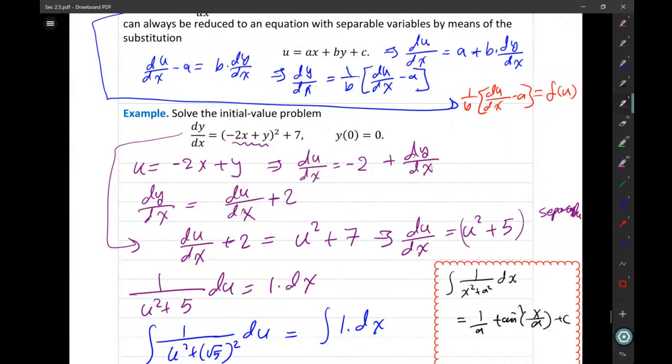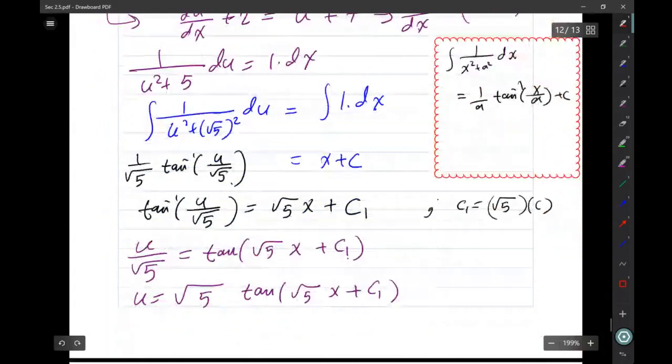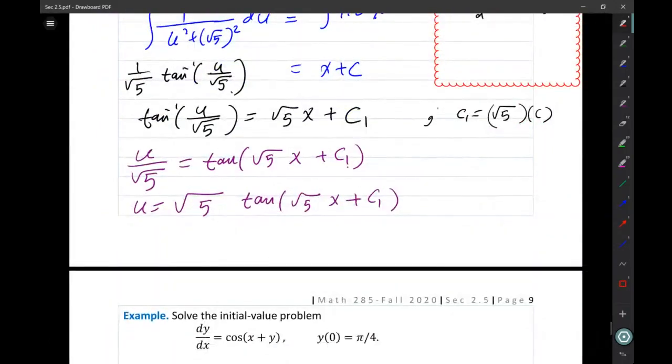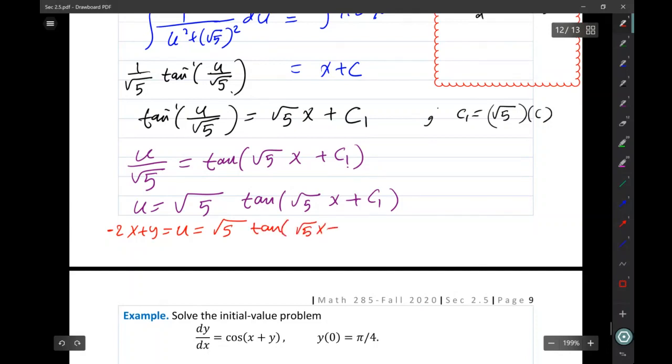It is minus 2x plus y, exactly. Replace it back. Now minus 2x plus y is equal u, which is square root of 5 tan of square root of 5 x plus c1. Take minus 2x to the other side, it becomes y is equal 2x plus square root of 5 times tan inverse square root of 5 times x plus c1.